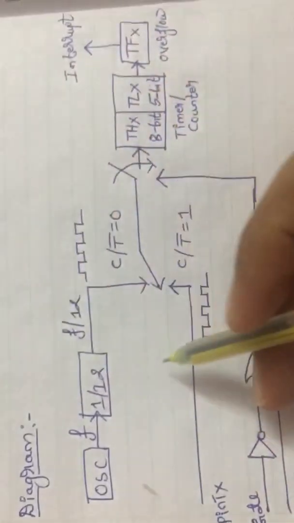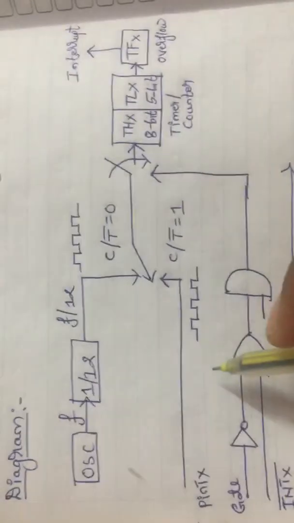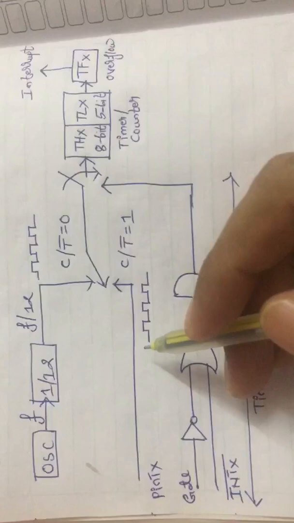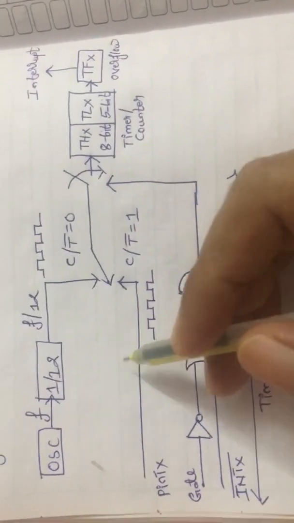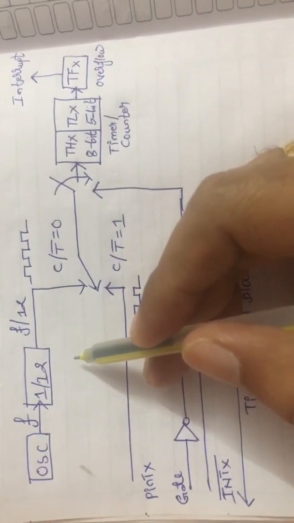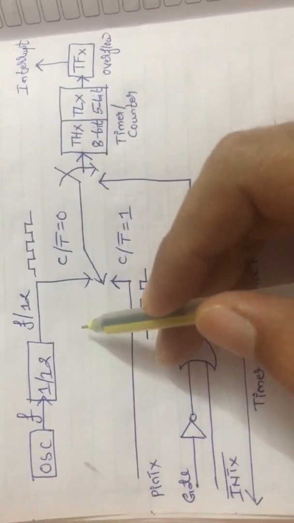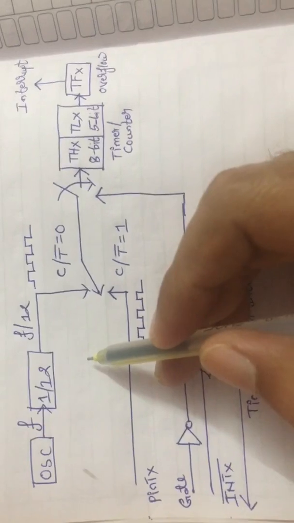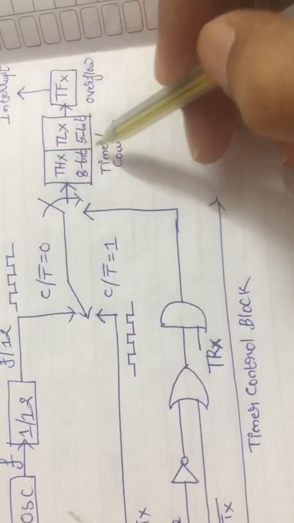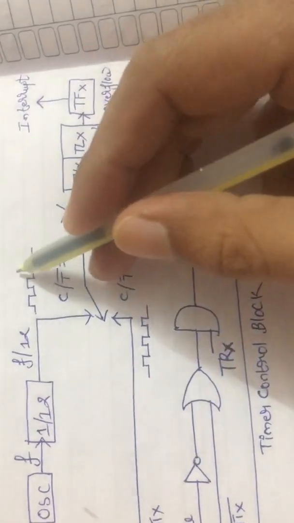So how does the diagram of this mode look? This is the diagram of timer/counter in mode 0. I may use mode 0 as a timer or mode 0 as a counter. In order to start this particular timer/counter block, I need the clock pulse.